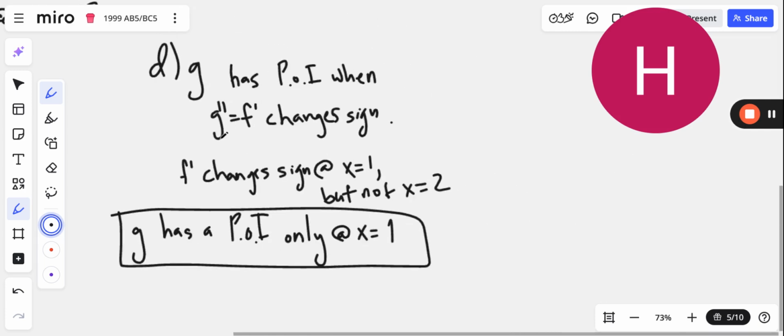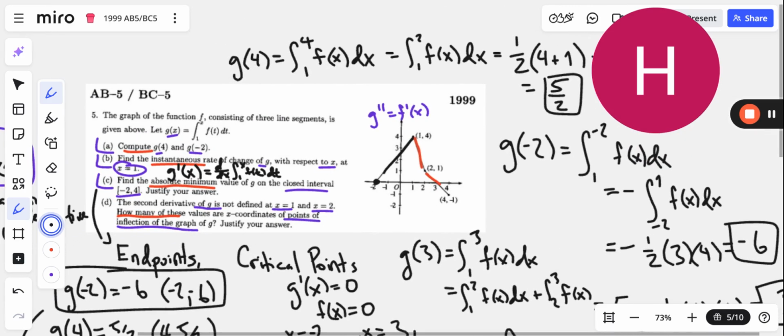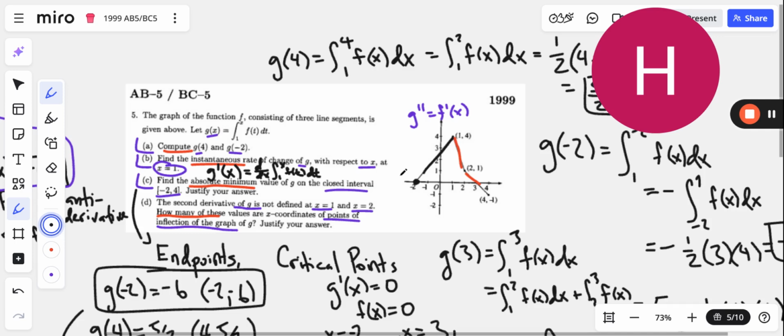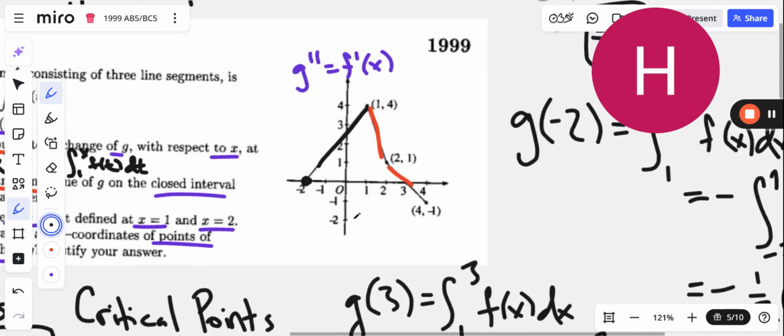And we don't have to find what the point of inflection is. We could find out what G of 1 is. G of 1 is just 0 because the integral from 1 to 1 is just 0. And if you notice, f prime tells us how much the value of f is changing. f is still positive here.